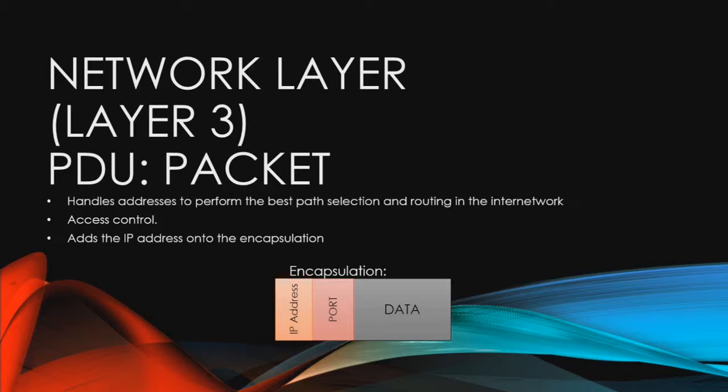Frame fragmentation: if it determines that a downstream router's maximum transmission unit, MTU, size is less than the frame size, a router can fragment a frame for transmission and reassembly at the destination station. Logical-physical address mapping translates logical addresses or names into physical addresses.